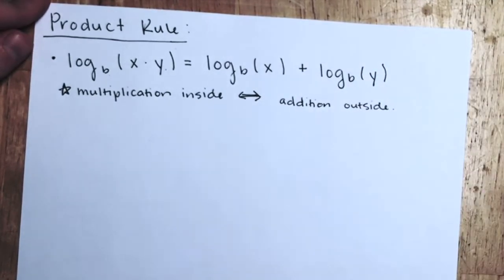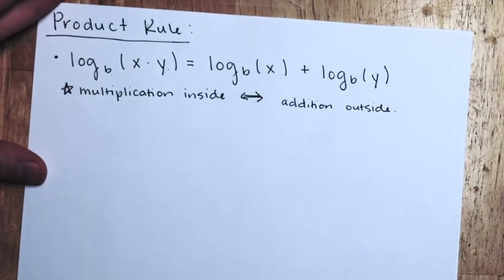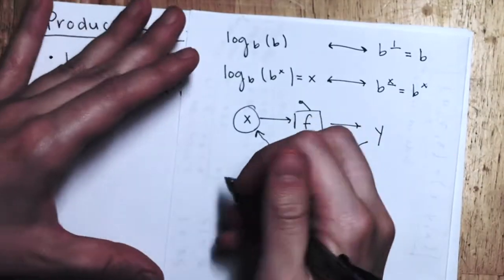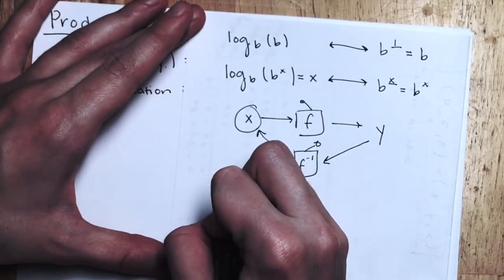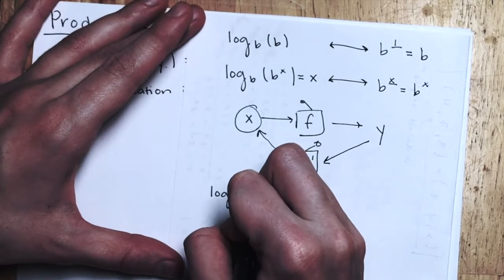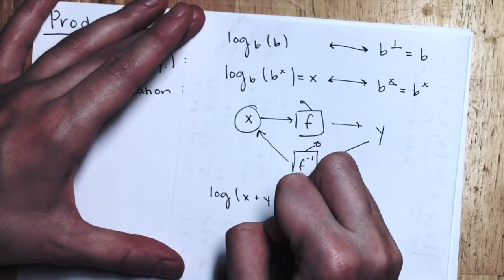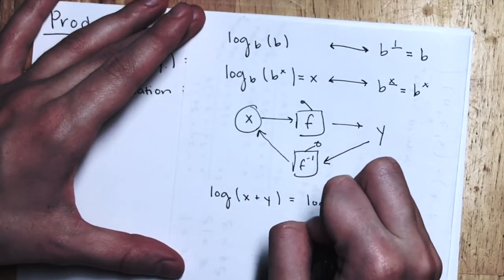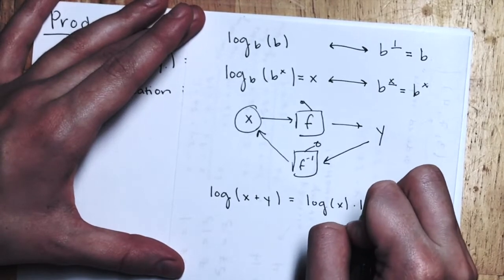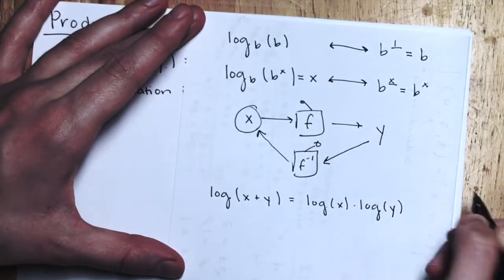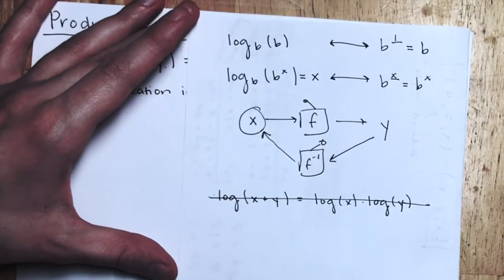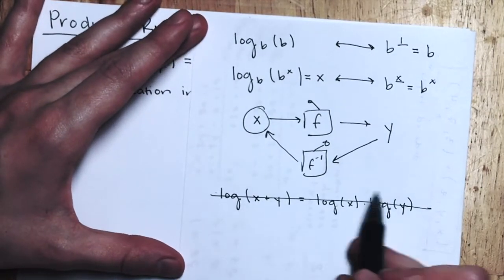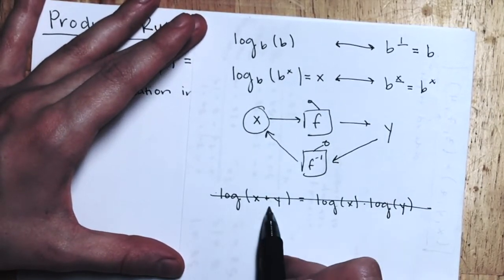And the reason I say it like this, I'll say it here so it's not permanently in our notes. This is not true. That's not true, right? Multiplication on the outside cannot become addition on the inside.